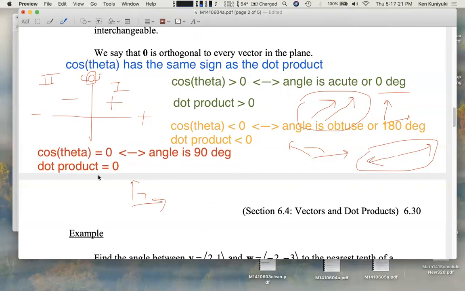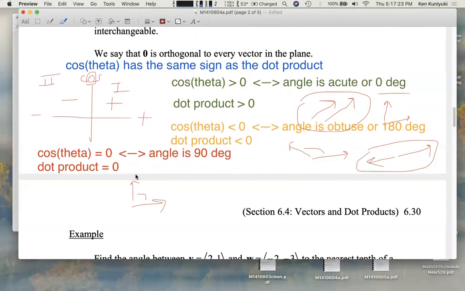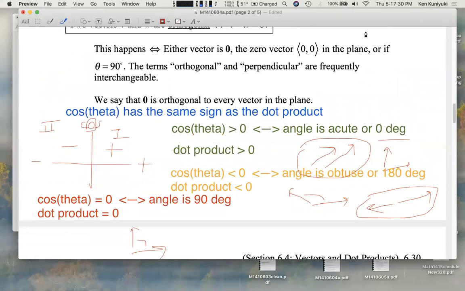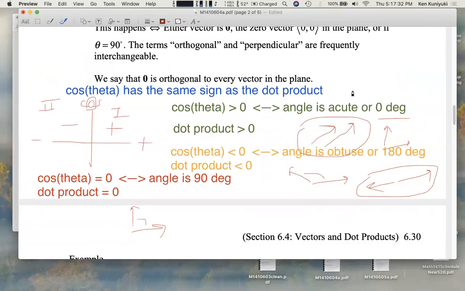So here's a great application of dot product. The sign of the dot product, okay, just by getting the dot product, you can find the nature of the angle between them. If I have two non-zero vectors, v and w, and you take their dot product, v dot w, if the dot product is positive, the angle between them is acute or 0 degrees. They point in the same direction.